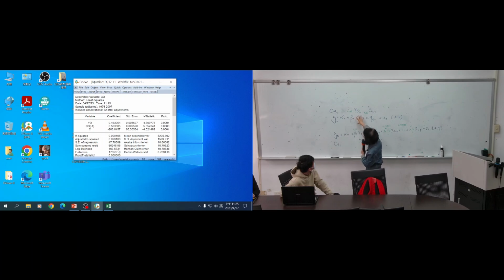So disposable income with consumption is a positive relationship, right? And this one, by estimation, is positive. So I multiply this together. By theory, all the coefficients decline smoothly.